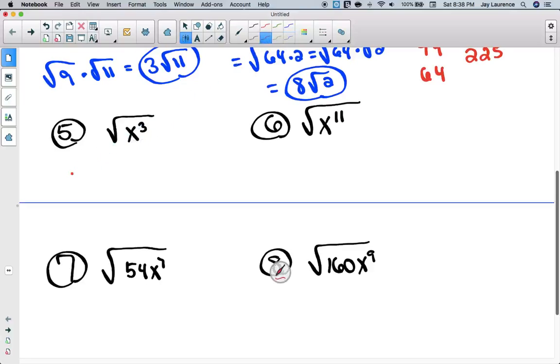I'm going to think about number 5 as rad of x squared times x, which is the rad of x squared times rad x. And then that will be x rad x, right?